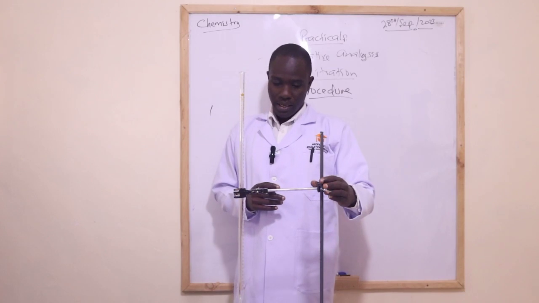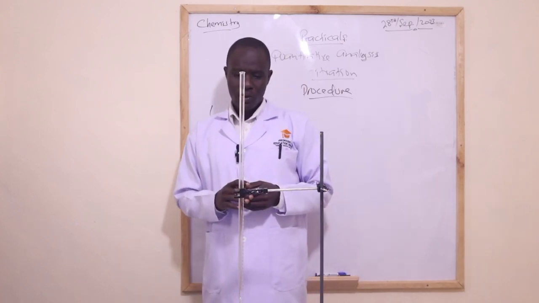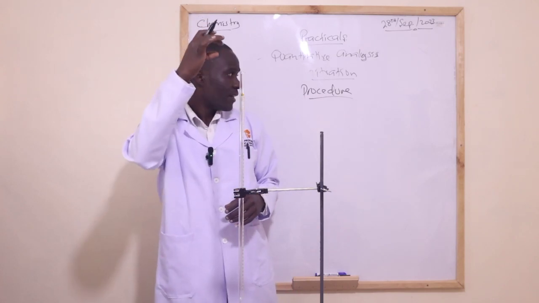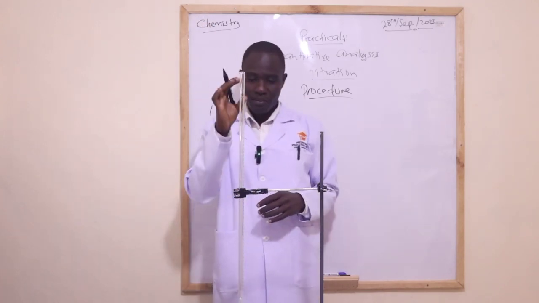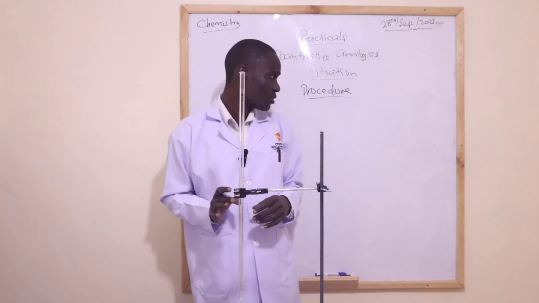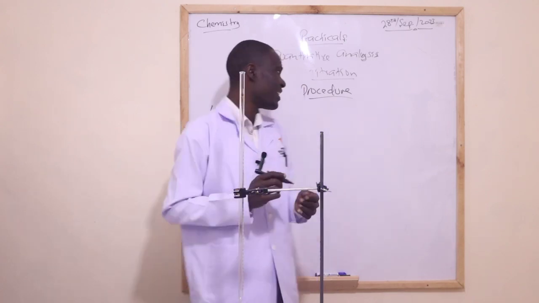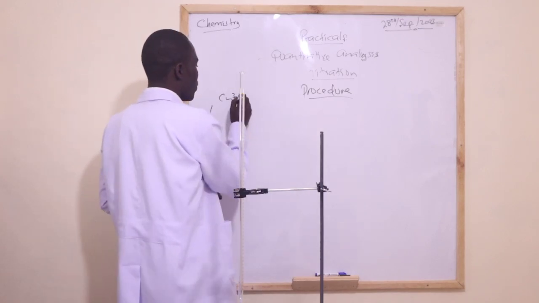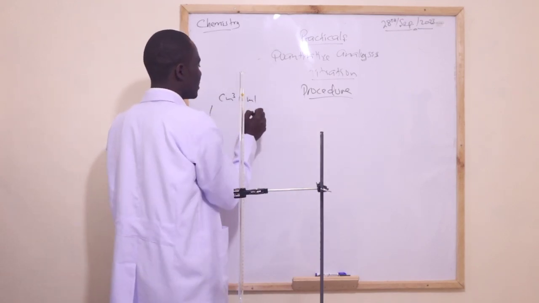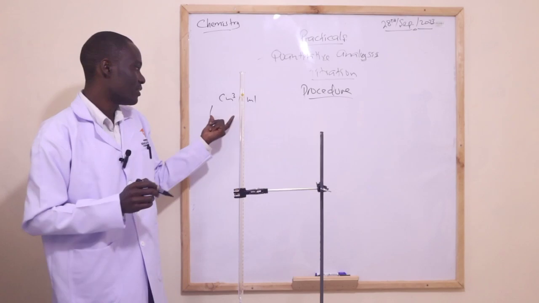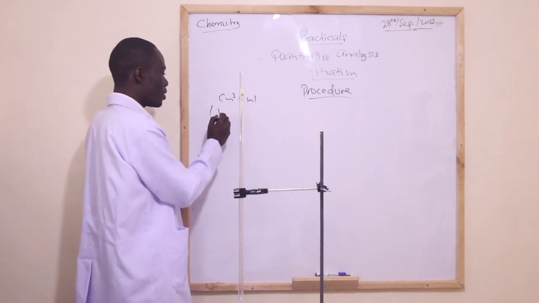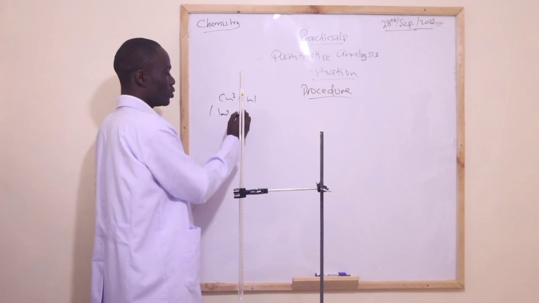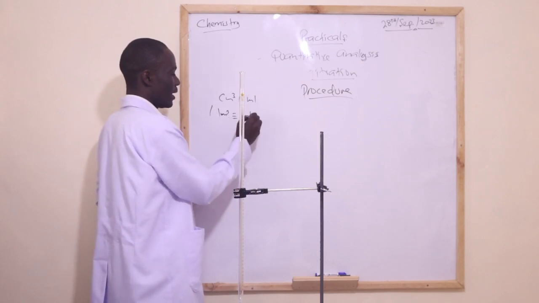Now, the measurements of the markings, the calibrations of the burette, are normally measured in either cubic centimeters or milliliters. As you know, one cubic centimeter is equivalent to 1 ml.